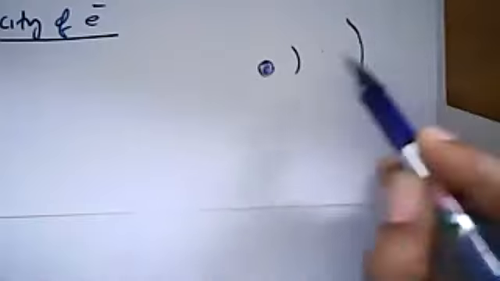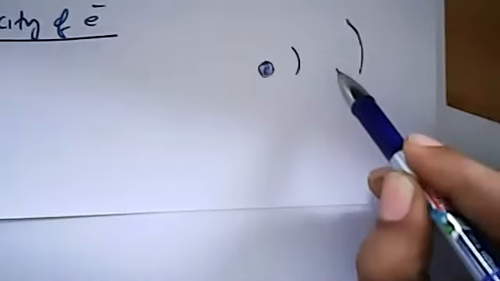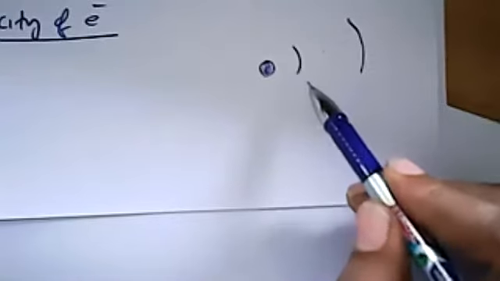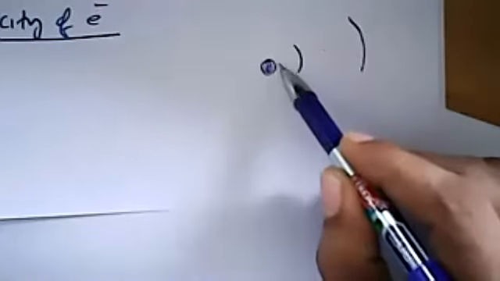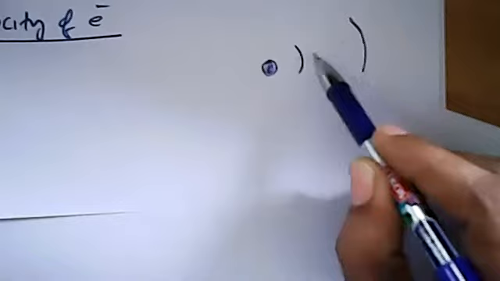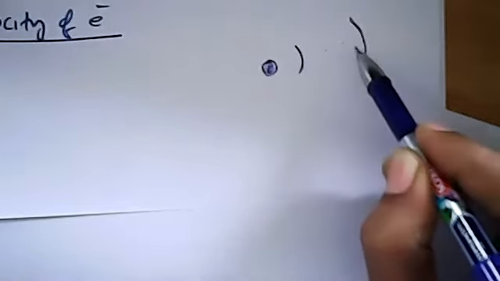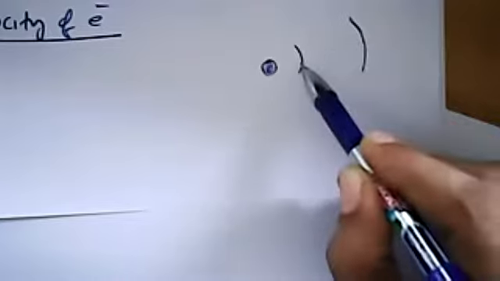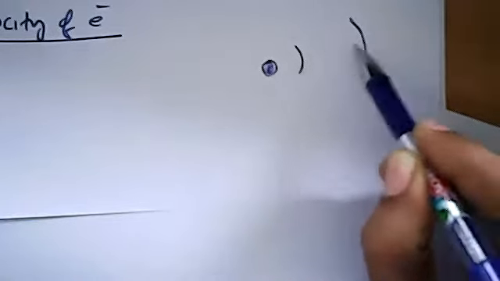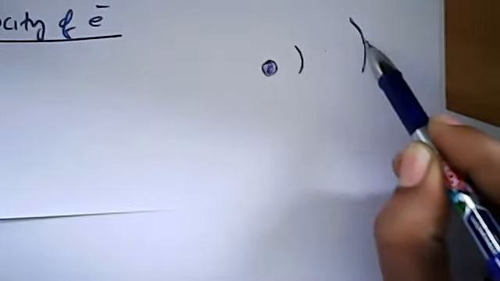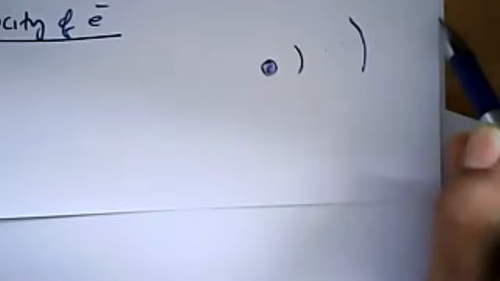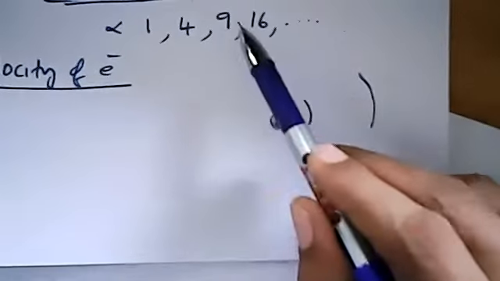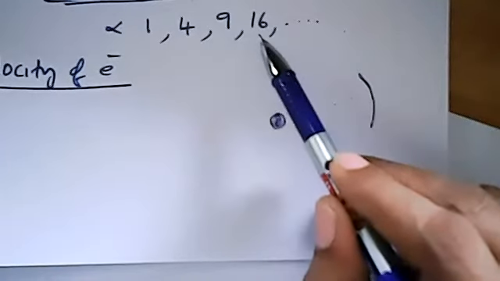So I think the idea is clear. Orbits are not evenly spaced. They are unevenly spaced. From 1 meter to 4 meter the difference is 3 meter. From 4 meter to 9 meter the difference is 5 meter. The next difference is 7 meter.